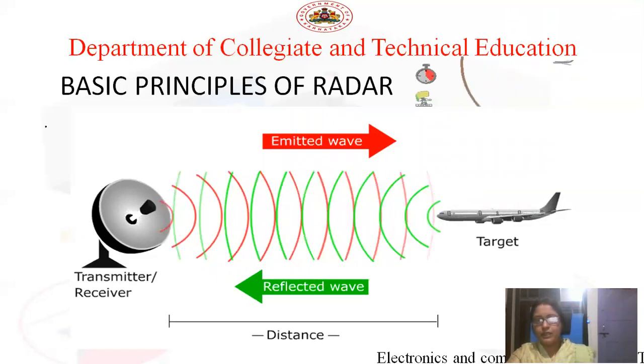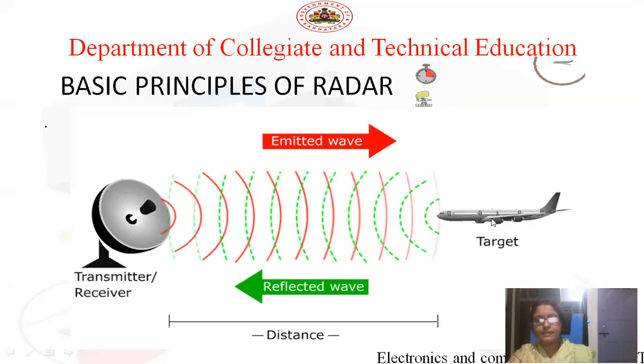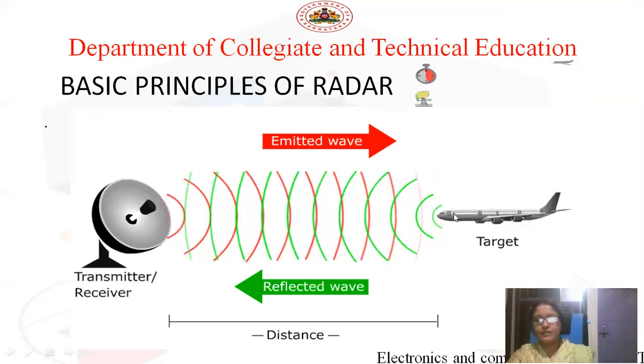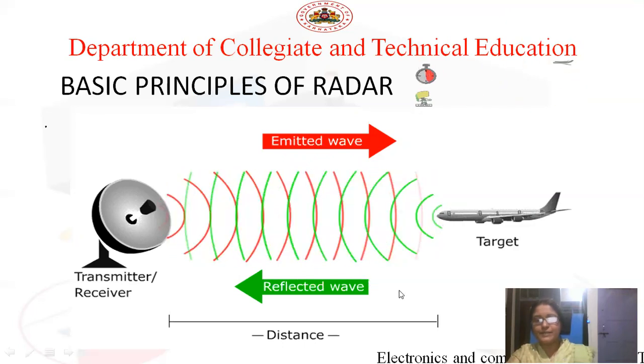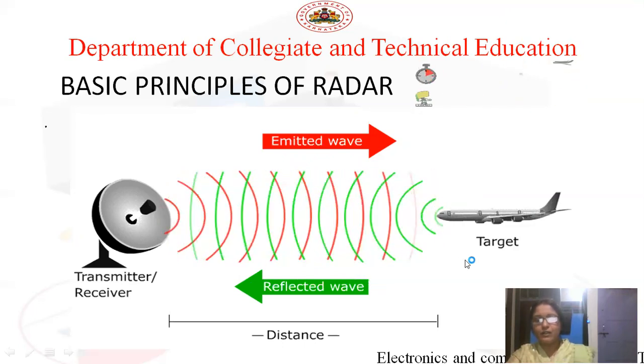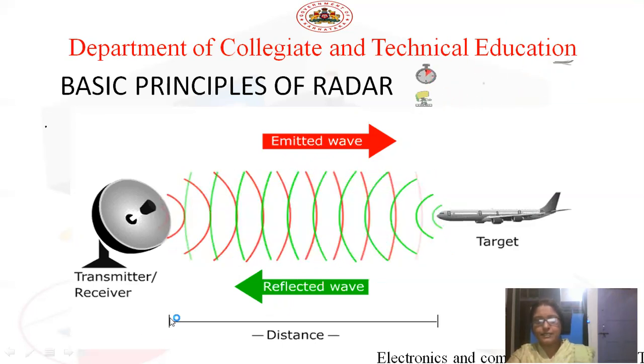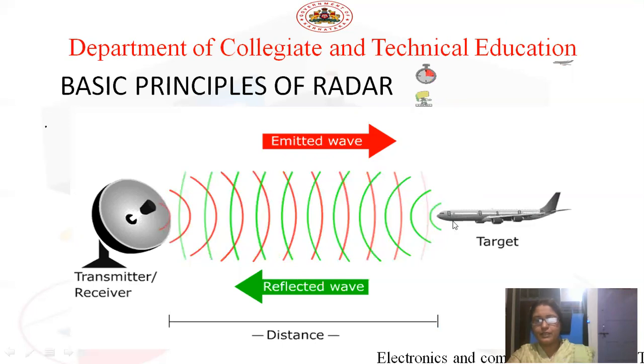Now if you observe here, the red color waves are the emitted or transmitted signals, and the green color waves represent the reflected waves or the echo signals. This is the distance from the radar station to the target.